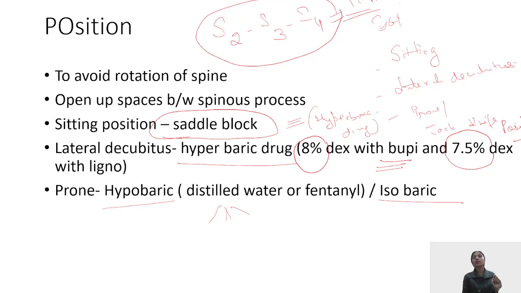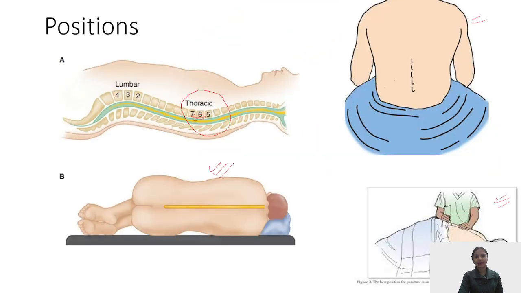And they are going to settle at higher levels against gravity. Is that clear? Hypobaric settles against gravity, hyperbaric along with gravity, isobaric at the same level. These are the three positions: lateral, sitting, jackknife.